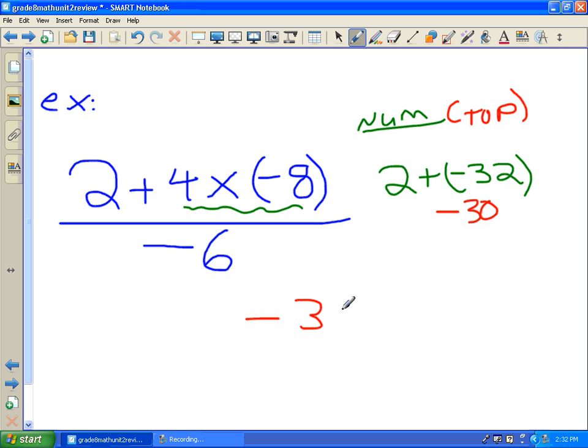Negative 30 on top, and then we still have on the denominator, or the bottom, a negative 6. If we had stuff to work out on the bottom, we just simply work it out the same way we did with the top. A negative divided by a negative is a positive, and 30 divided by 6 will give you 5, because 5 times 6 is 30.